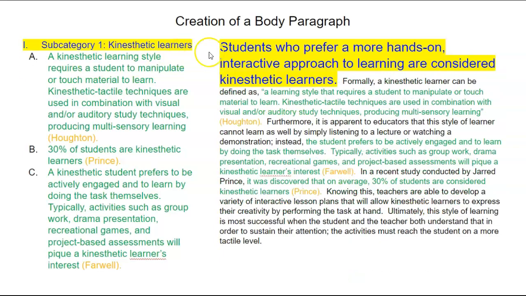First, in this yellow section, I took this topic of kinesthetic learners and wrote it out as a complete topic sentence. Students who prefer a more hands-on, interactive approach to learning are considered kinesthetic learners. So I took the topic and it's now written in a complete topic sentence. That's the first part of our body paragraph.